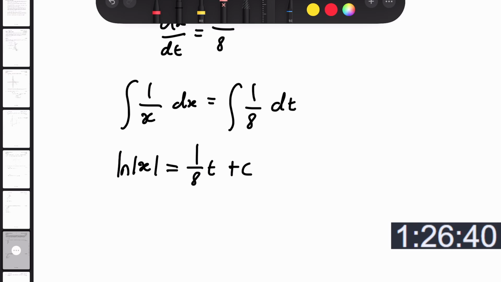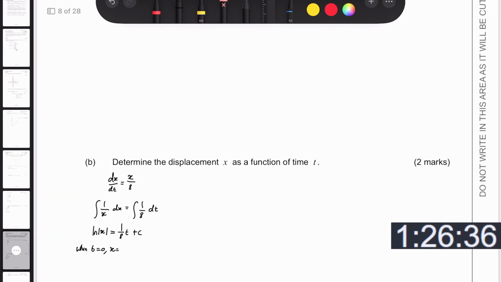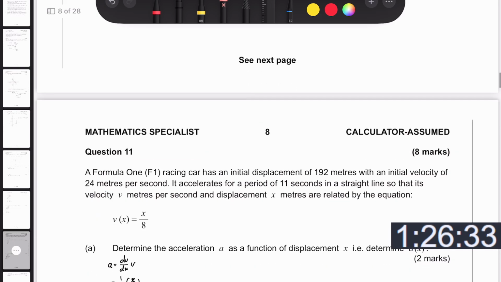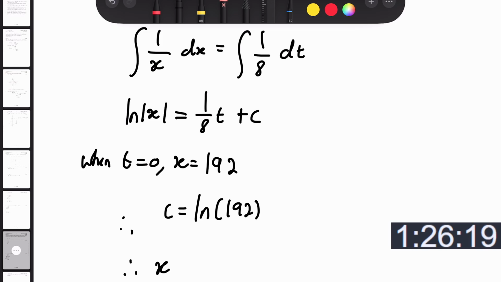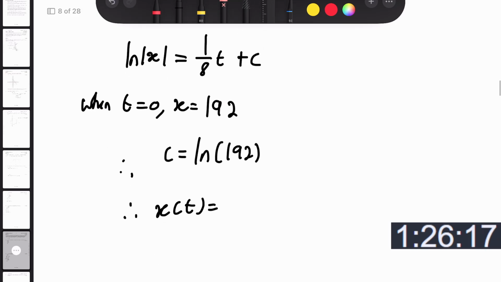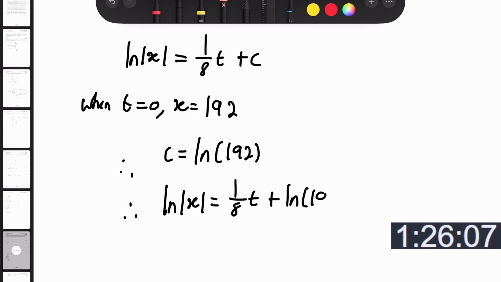And since when t equals 0, x is equal to 192, that just becomes 0. So c is going to equal ln of 192. So we have that ln of x is going to equal an eighth of t plus ln of 192.